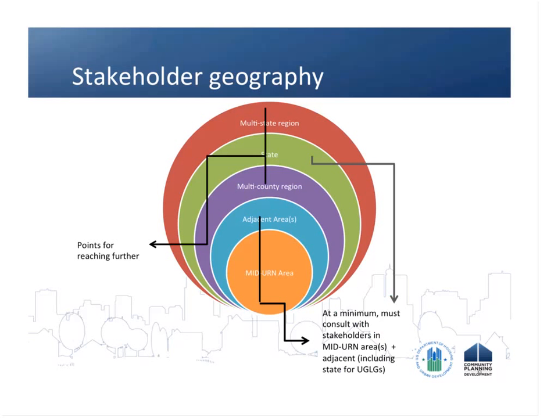And if you're a unit of general local government, or as CDBG calls them, UGLGs, you need to also consult with your state. But we'll give you points if you do consultation in a larger area, including a multi-county region, statewide, or in a multi-state region.